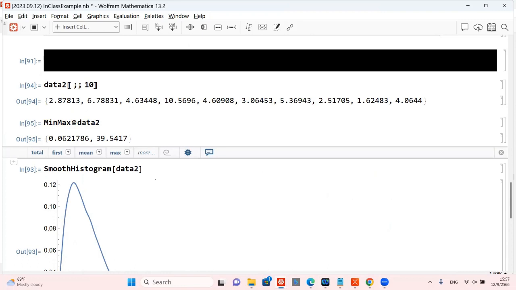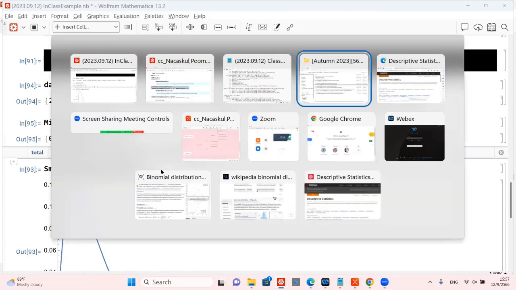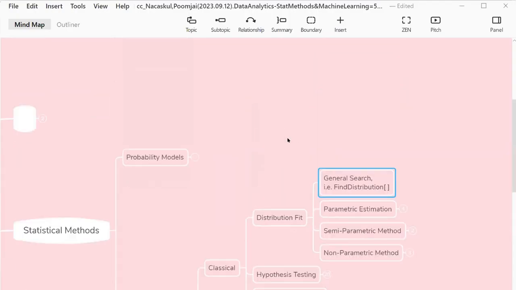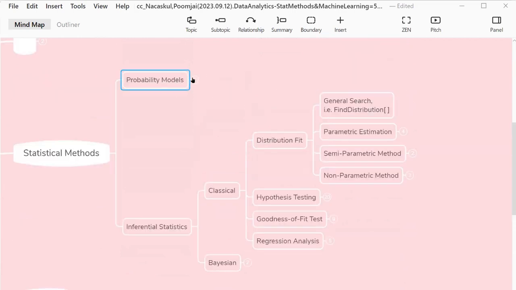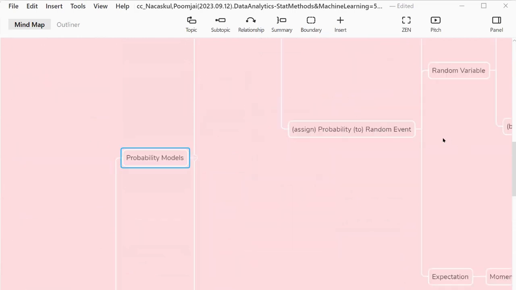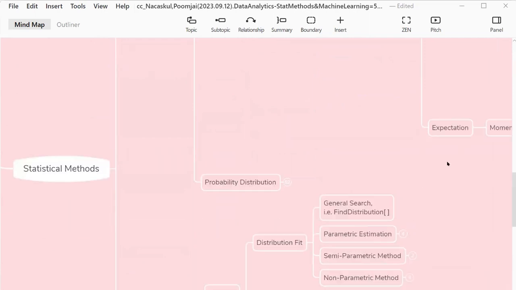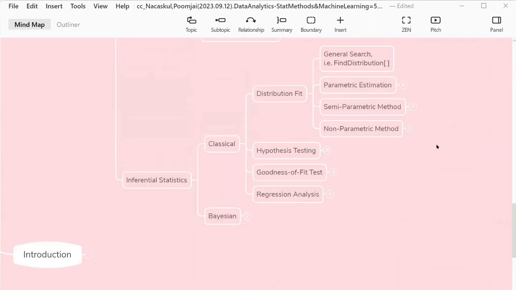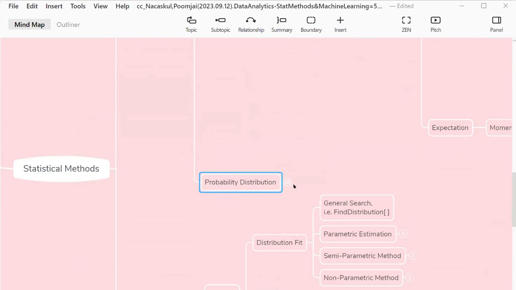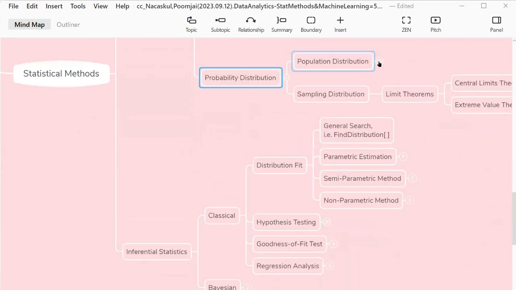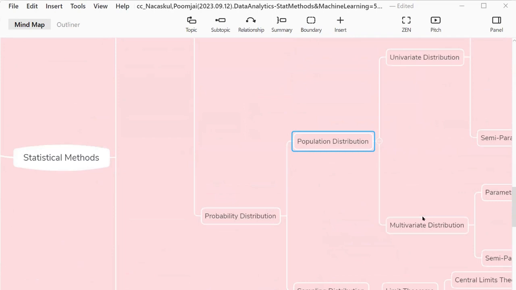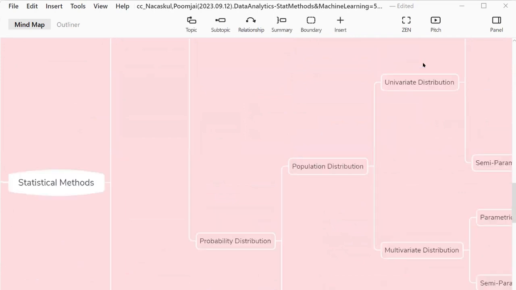So I go to my trusty little diagram and say, the probability distribution, if it's univariate, okay.